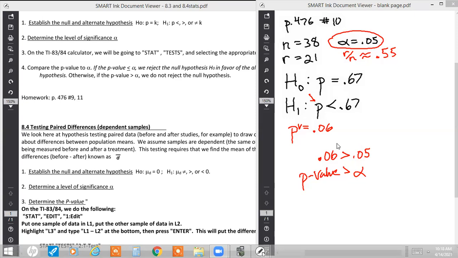So you write something like, based on this sample, don't reject H sub 0. Based on this sample, the graduation rate is not significantly less than 67%, something along those lines. Any questions on that?